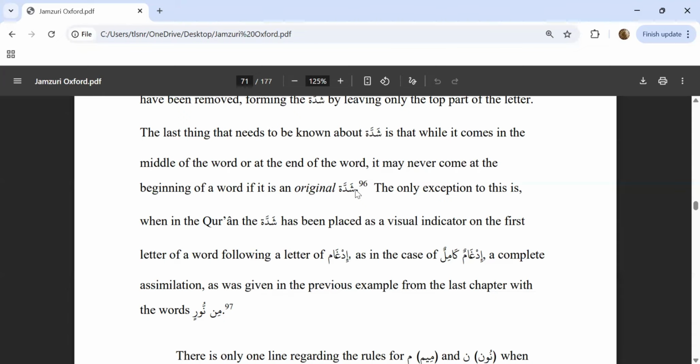So this is the only time we will see a shadda at the start of a word, and we know that it's not an original shadda, and it's only been placed there for the particular rule that we're reading for.